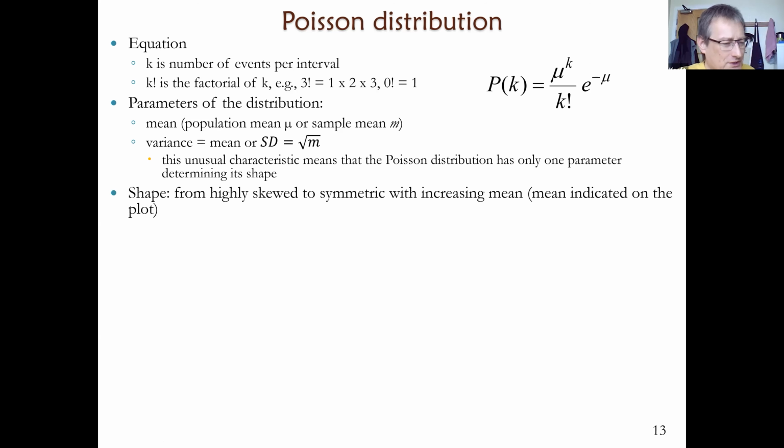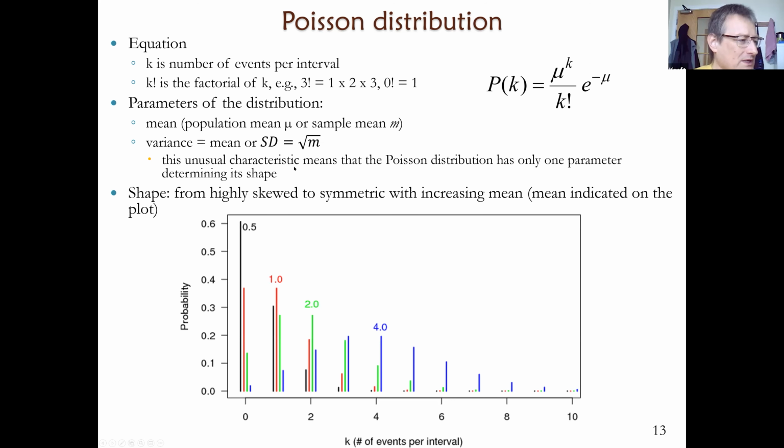Okay, just to show you the kind of shapes this distribution can take on, it can be very skewed or fairly symmetric. We have different means here. The mean for the black distribution is 0.5, then red is 1, green is 2, blue is 4. You can see a rapid decline of frequency with the number of events if the mean is below 1.